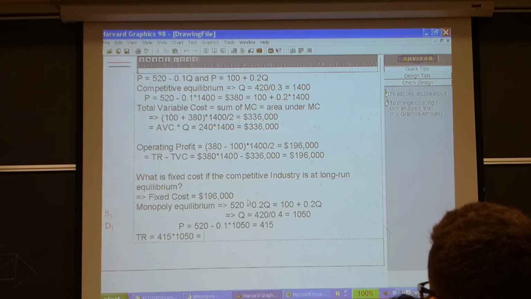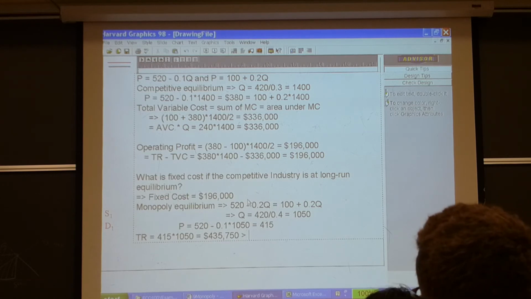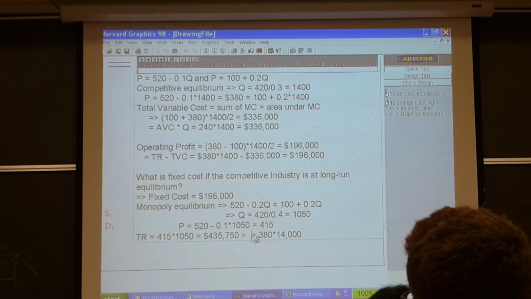What'd you get as a number? 415 times 1,050, what is that? 435,750, which I believe is probably greater than competitive equilibrium, which is calculated from 380 times 1,400. What is that? Where's 380 times 1,400? Oh, so it's actually less.